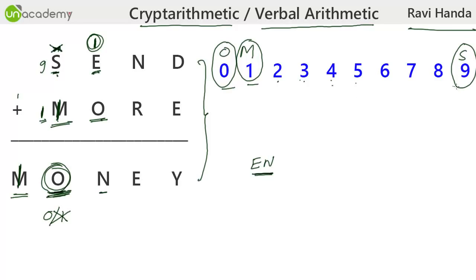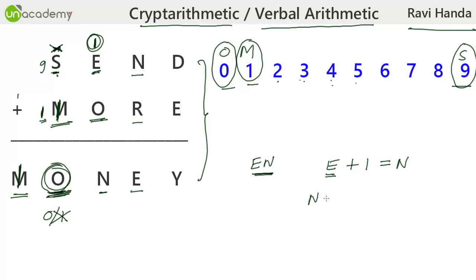3 digits are gone, whereas some more are still remaining. So what else can I figure out? The one equation that I have already is that E plus 1 is equal to N. Can I get some more relationships? Yes, N plus R is giving me an E. But I know that E is smaller than N. So what must have happened?